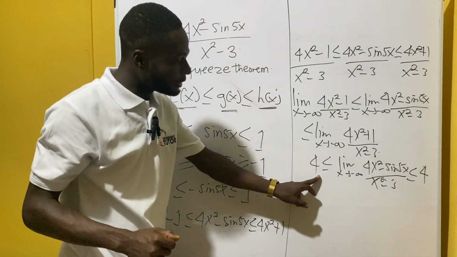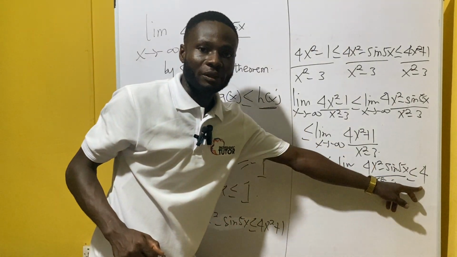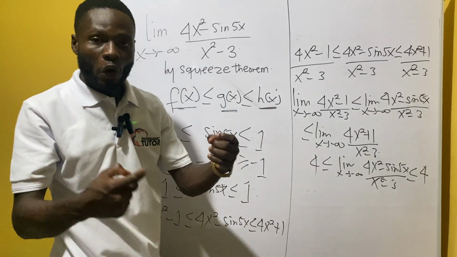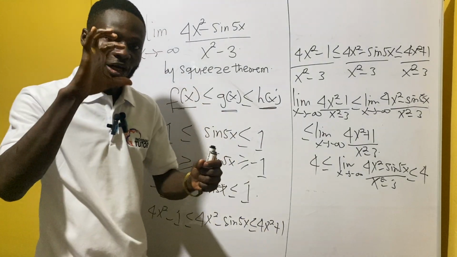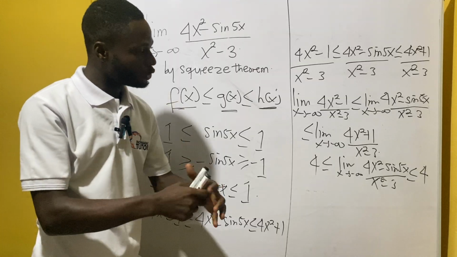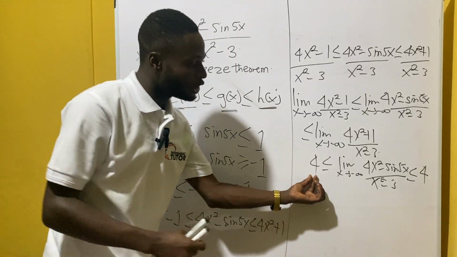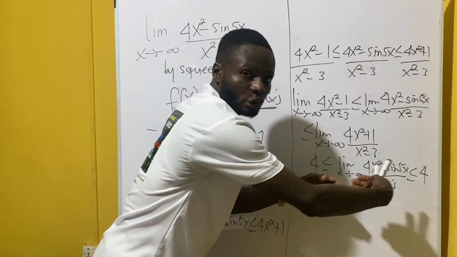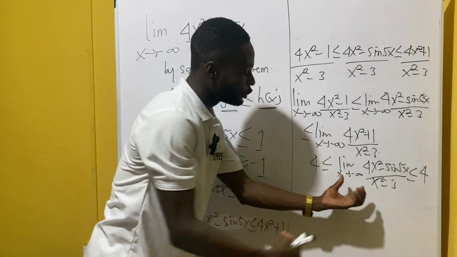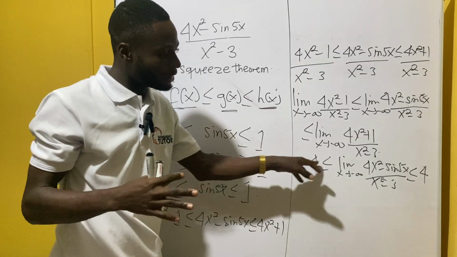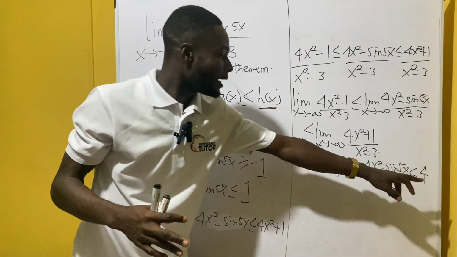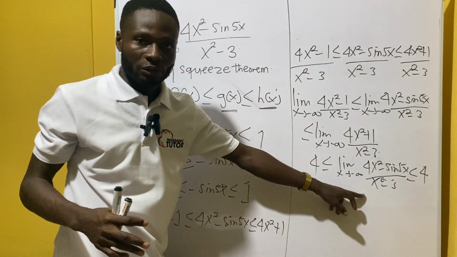So the limit here is equal to the limit here, and because it is a squeezer, it's like you are squeezing an orange. When you squeeze this part and this part, it's like you are pushing the middle one. So the limit here will be equal to the limit here, and that limit should be equal to the limit here.